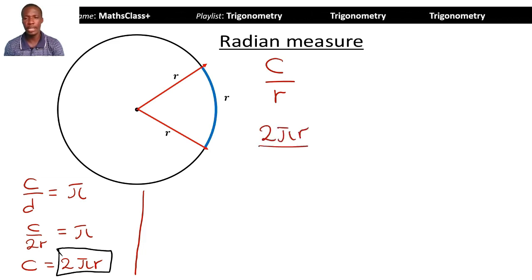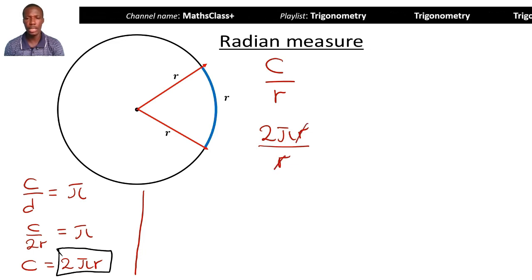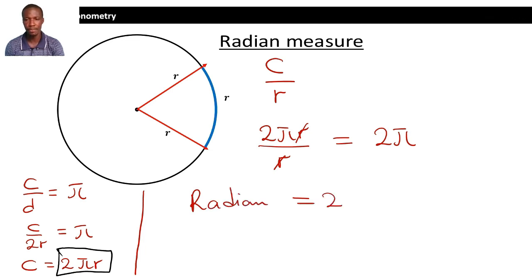And so when I divide this by r, the r cancels out, and the result will be 2 pi. So for a complete revolution, the total number of radian angles is 2 pi.